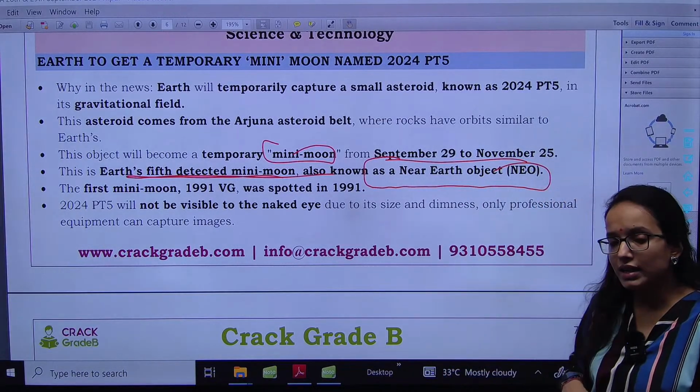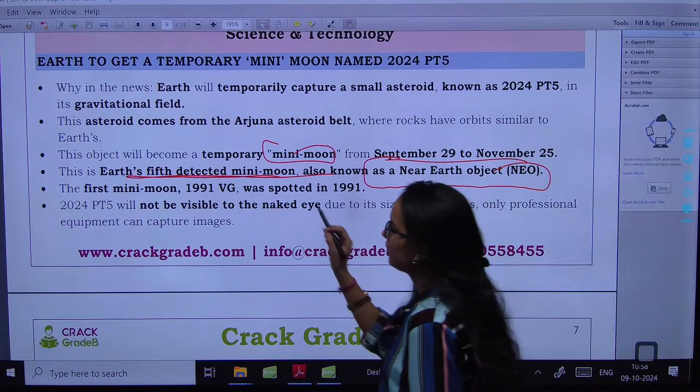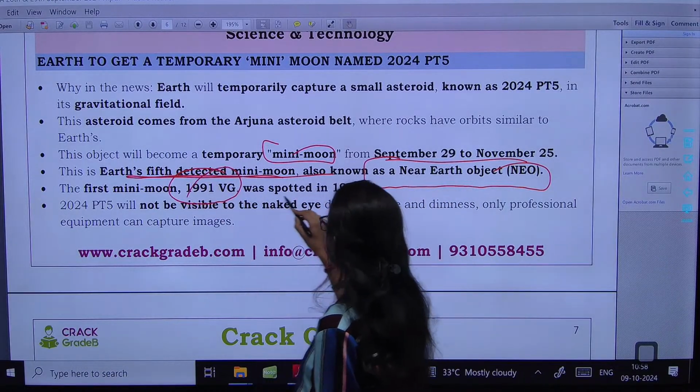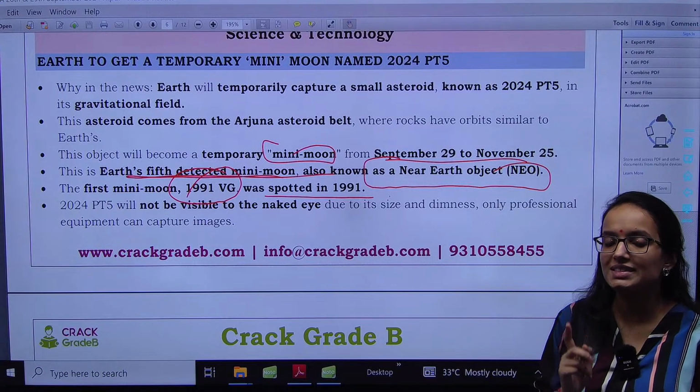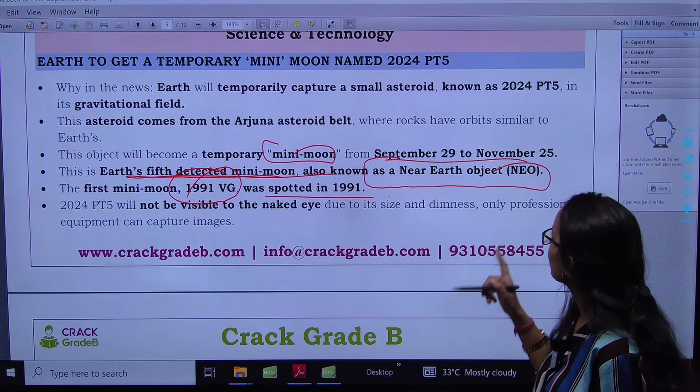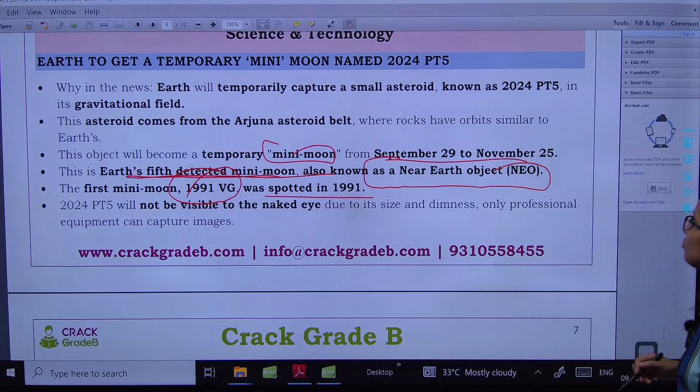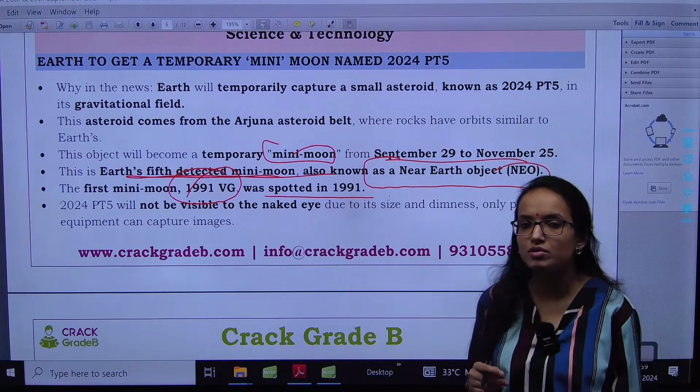The first one in the series was 1991 VG, spotted in 91. This one is 2024 PT5. So you can remember the names, they are given as per the year in which they are spotted.